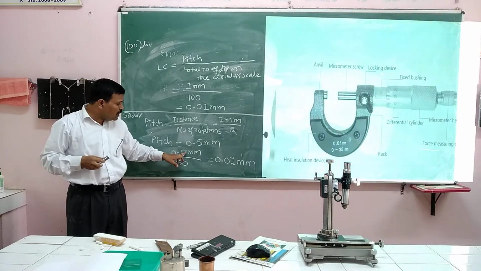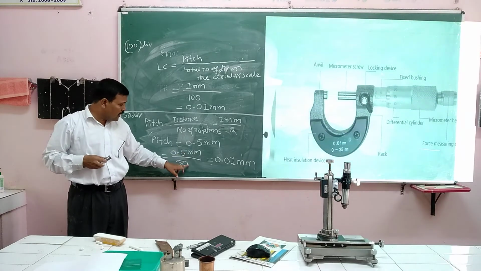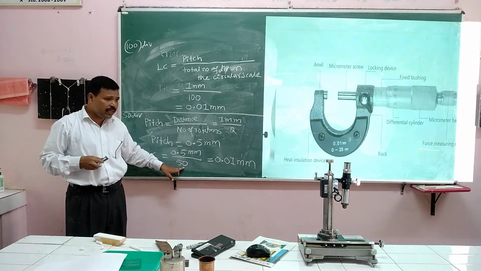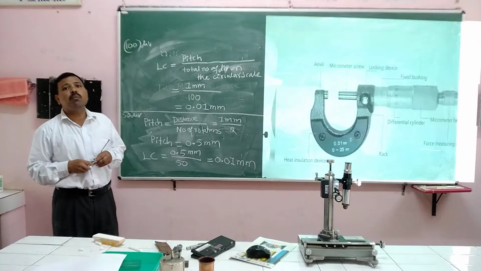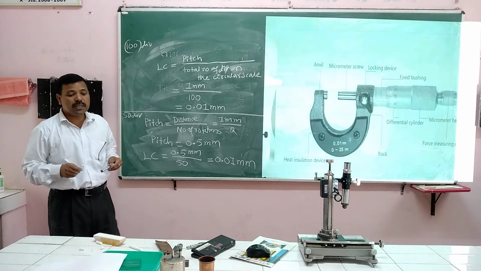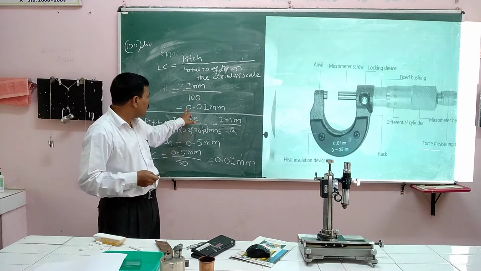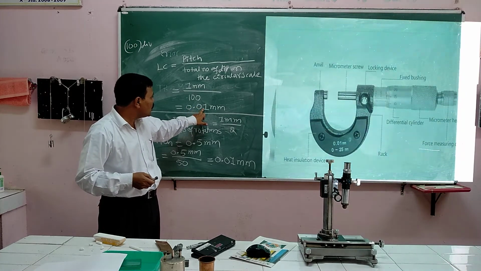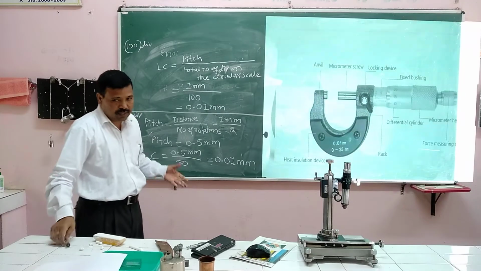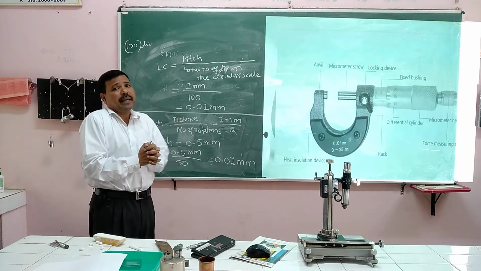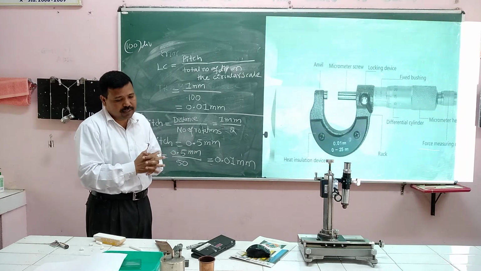If you multiply here by 10, here by 10, then 5 by 500 will be equal to 0.01 millimeter. Or you can write in centimeter as 0.001 centimeter. This is how we find the least count of a micrometer, the screw gauge.